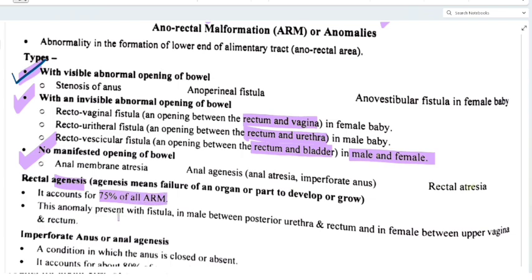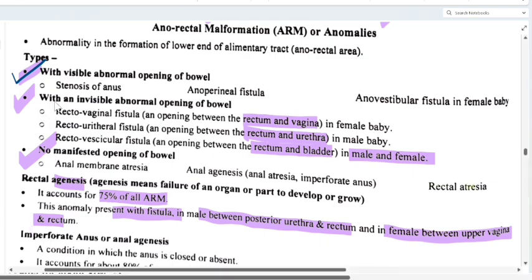This anomaly presents with fistula in male between posterior urethra and rectum, and in female between upper vagina and rectum. ठीक है? For both male and female, its position is different.